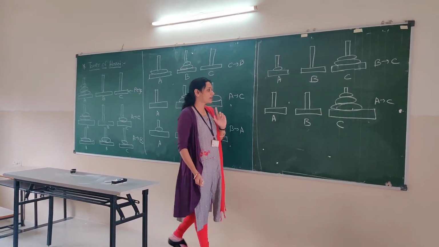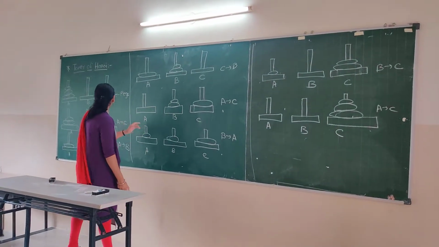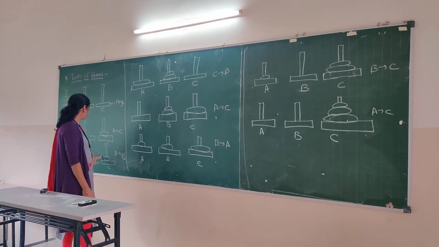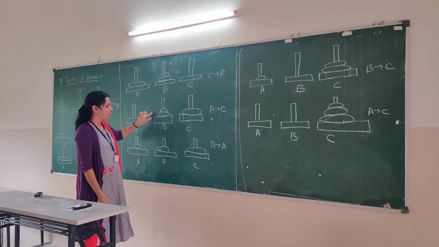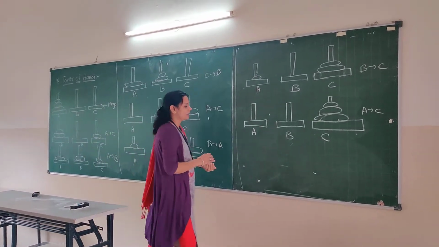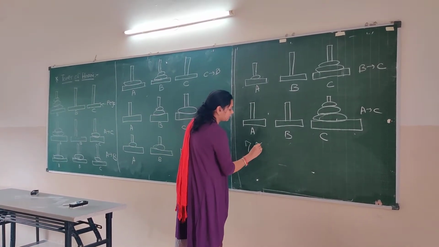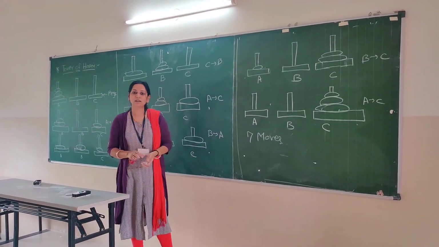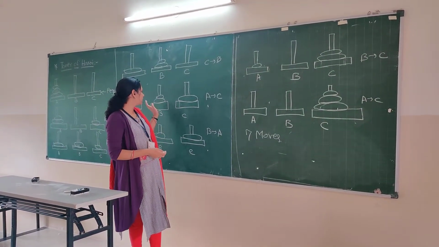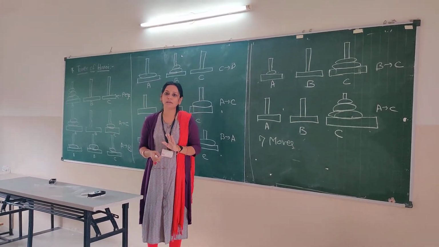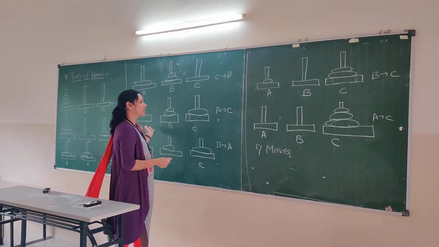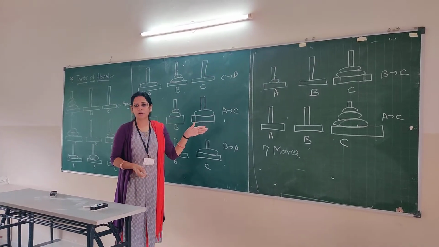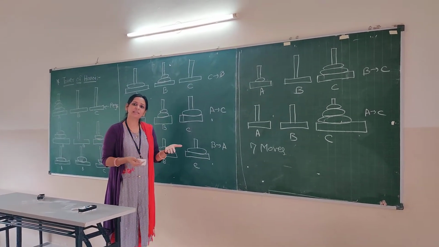So what is the total number of moves? 1, 2, 3, 4, 5, 6 and 7. In 7 moves we have completed the task. So keep in mind these three pegs will be as they are. We can shift 4 discs from the first to the third peg, 5 discs, 6 discs.